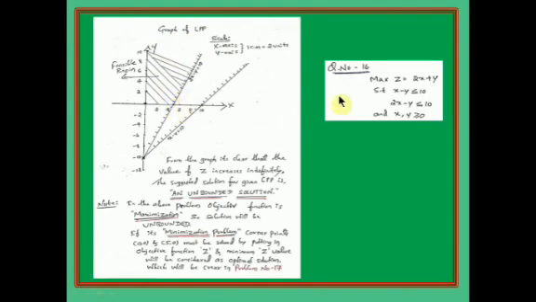Then the given problem is of the maximization kind, see. Correct? A maximization problem is given. So maximization in the sense that in this feasible region, I have to find the maximum possible Z value.